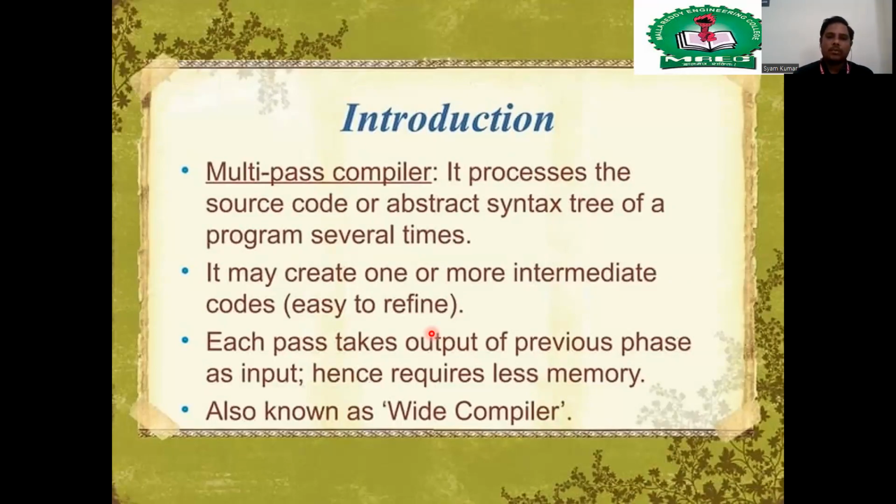Each pass takes the output of the previous phase. There are a number of phases, and every data comes phase by phase. So each pass takes the output of the previous phase as input, hence it requires less memory. It is also known as a wide compiler. The multi-pass compiler is a wide compiler. The one pass compiler is a narrow compiler. So these are the two differences of compilers.